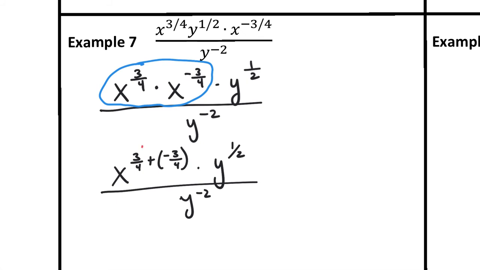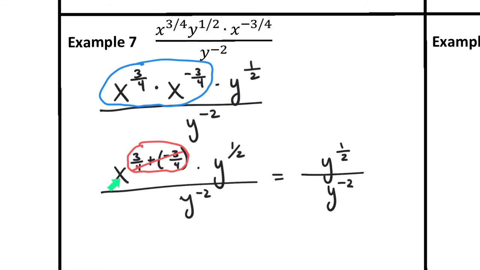So these fractions here are going to cancel. It's 3/4 minus 3/4. These are going to cancel. And so it's actually x to the power of 0. But anything to the power of 0 becomes 1. So we're just left with y 1/2 divided by y to the negative 2.